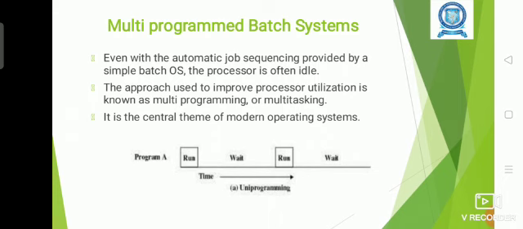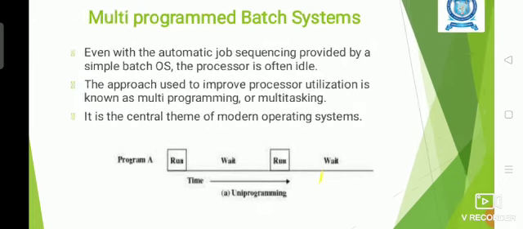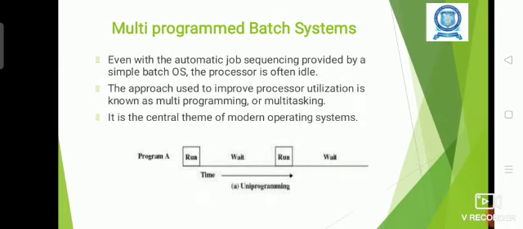Normally, with the uni-programming approach, we can see the diagram of uni-programming. Whenever the program executes on the processor, a program can't execute continuously. During the running state, the program will go to the waiting state for some reasons.